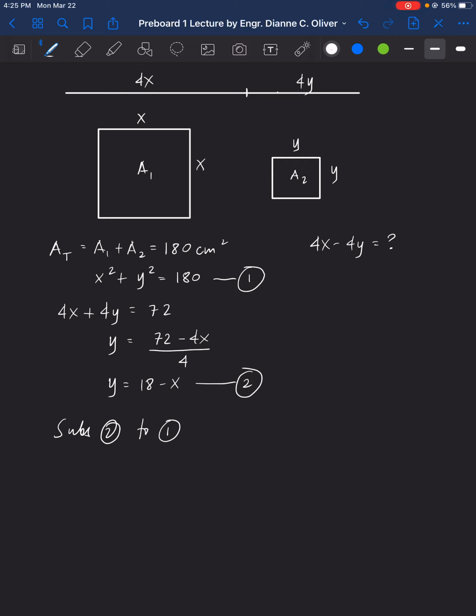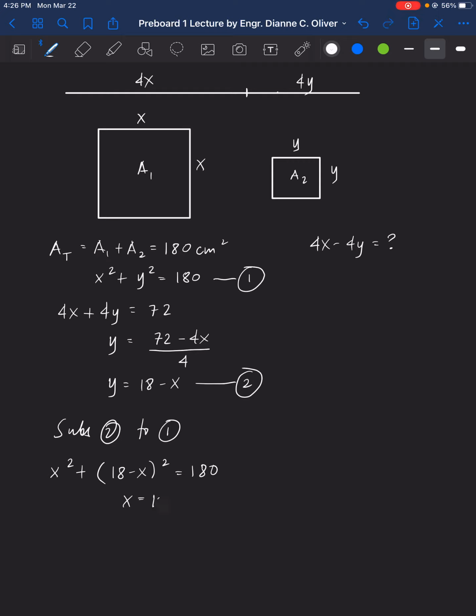So from equation 1, we have x squared plus y, which is (18 minus x) squared, is equal to 180. And using your calculator, you can solve this directly in the calculator already, then find x. Or you can expand this and then perform operations and then use the quadratic formula.